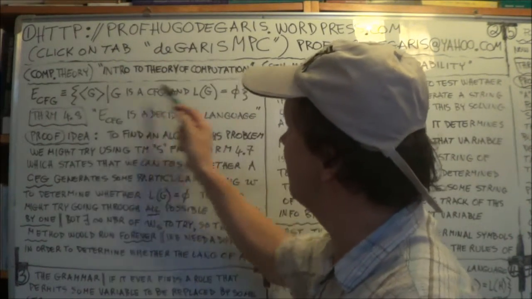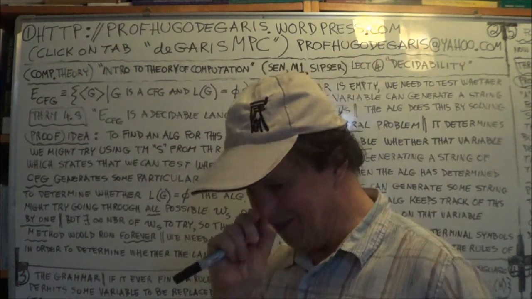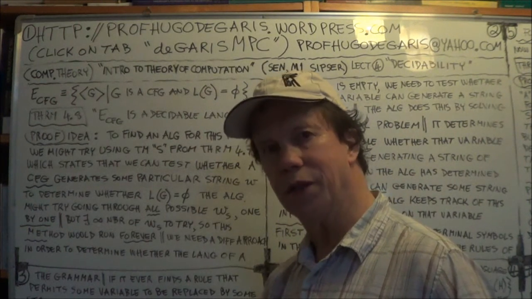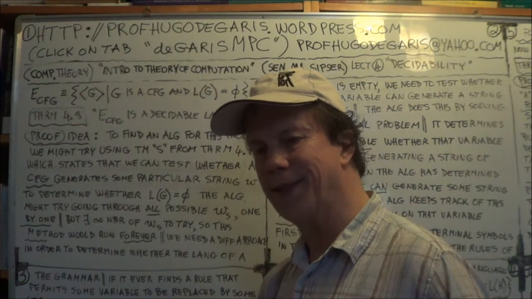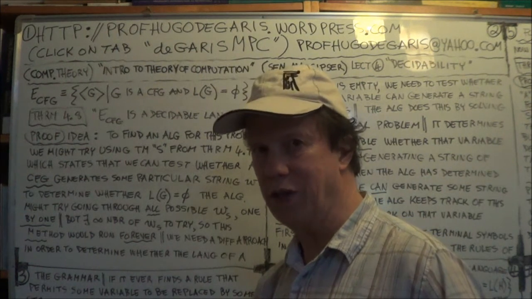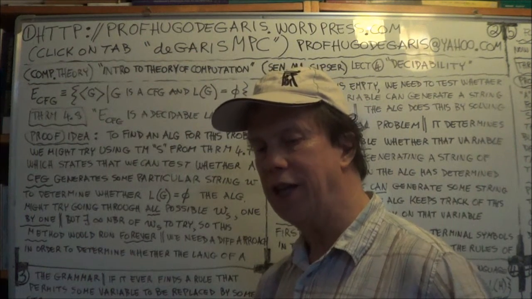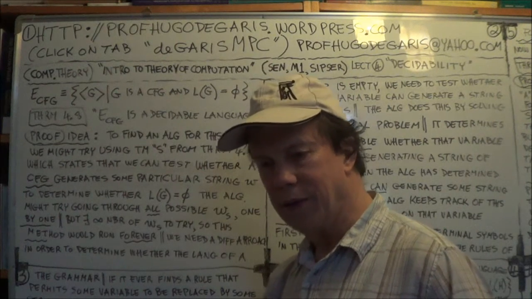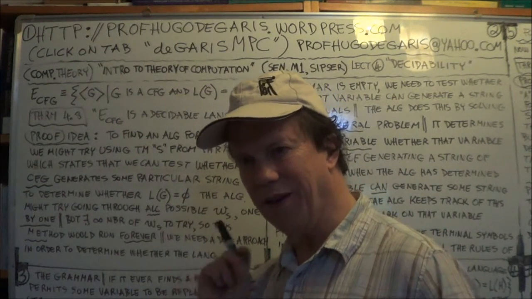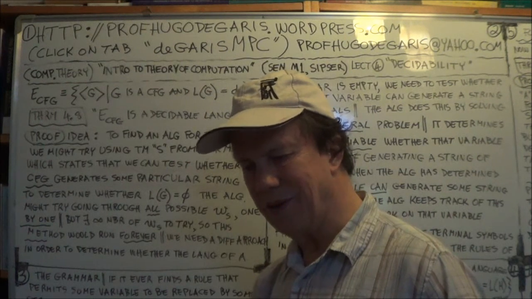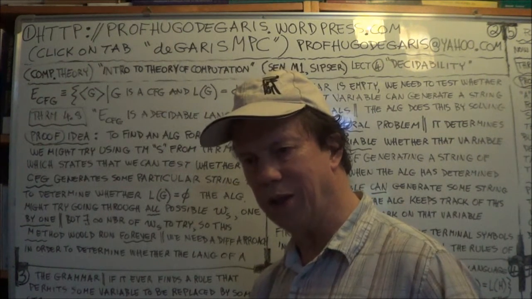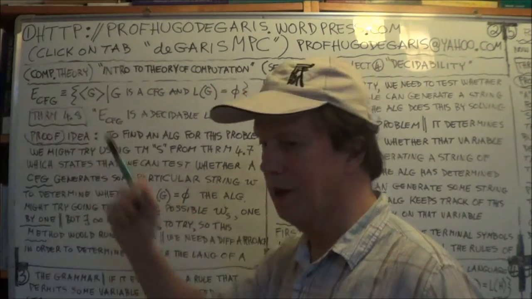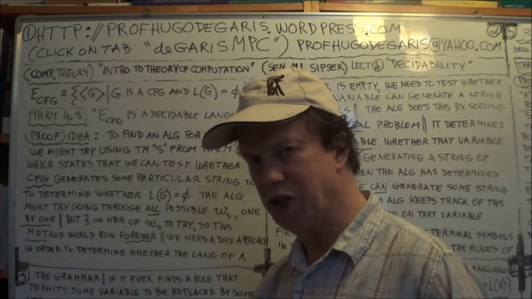So if we can find a Turing machine, in other words an algorithm, that decides this language, what does that mean again? It means that if a Turing machine decides a language, it accepts every string in the language, and it rejects any other string. So that tiny subset that is accepted, the Turing machine would accept all members of that language, and all the other strings it rejects.